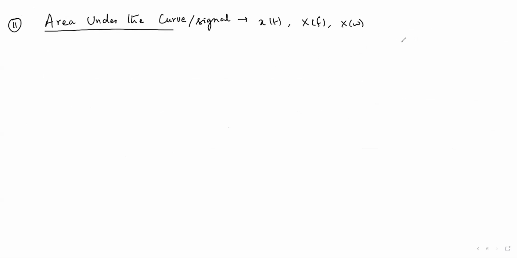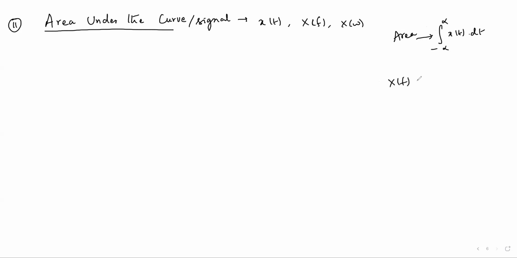Three signals. The area of any signal, simply integral from minus infinity to plus infinity of x of t dt, is the area under the signal x of t. Integration from minus infinity to plus infinity of a given signal gives the area of that signal. So for that, I want to just recall the Fourier transform pairs once again here.